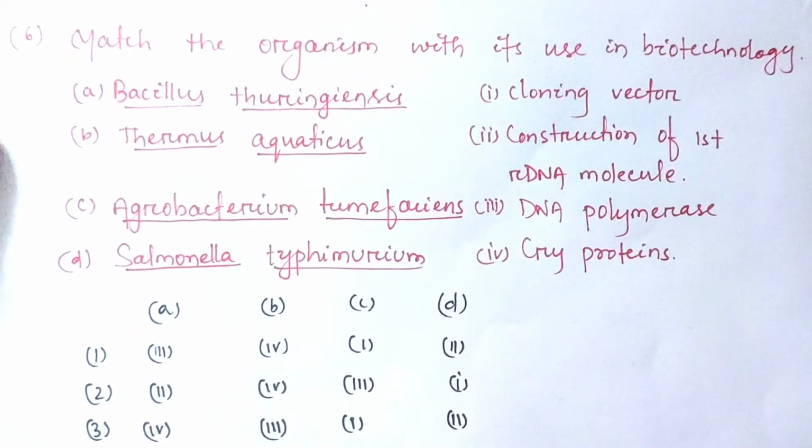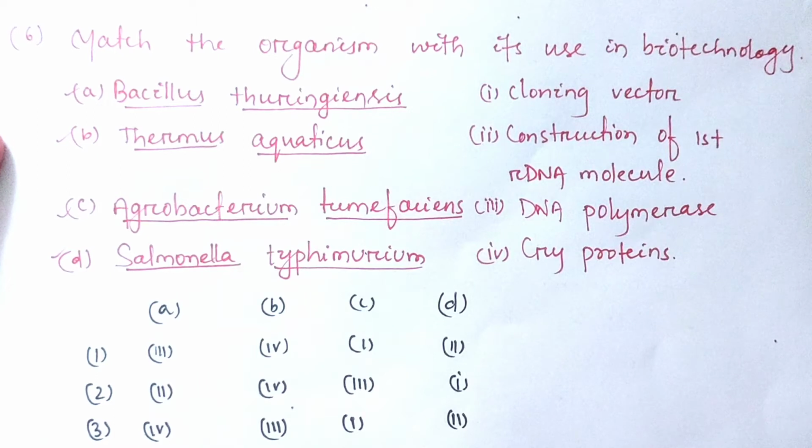Then question number 6. Match the organism with its use in biotechnology. A. Bacillus thuringiensis. This is the gram-positive spore-forming bacteria with some pathogenic properties. These bacteria produce insecticidal proteins during the sporulation phase as crystals.